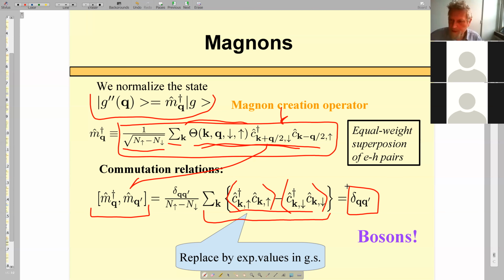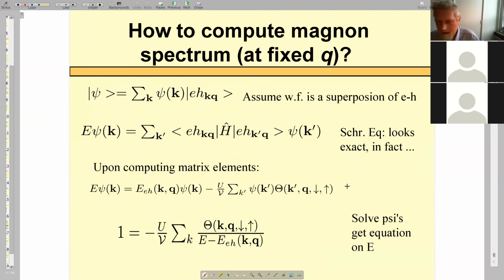Fine. Let me show you the boson spectrum. I also want to make a couple of remarks on how to compute the spectrum. No rocket science, just simple operations.